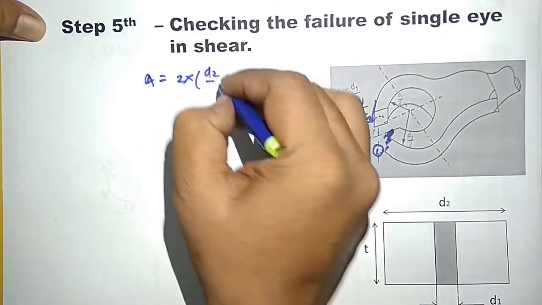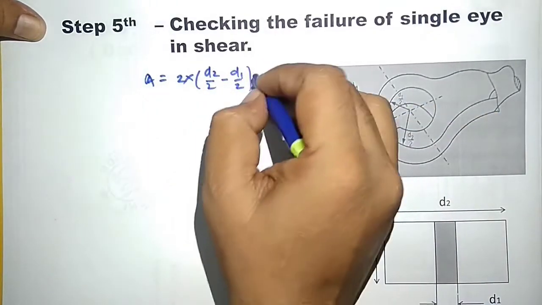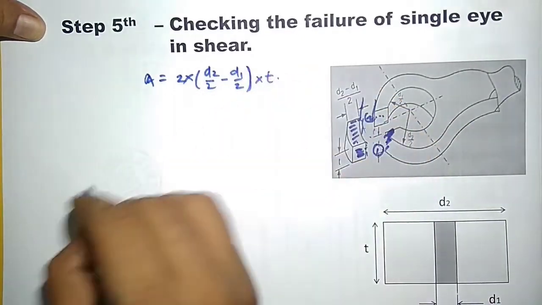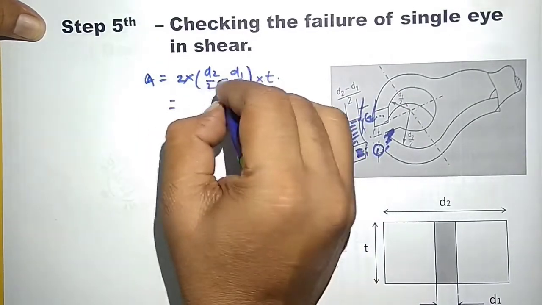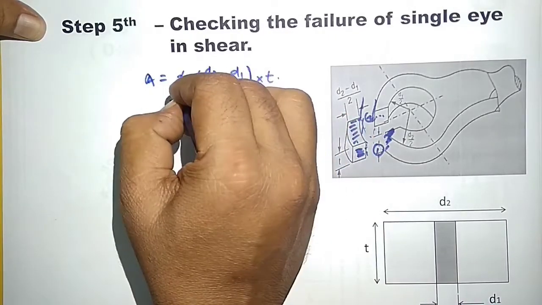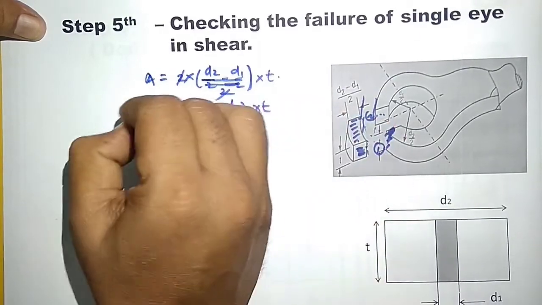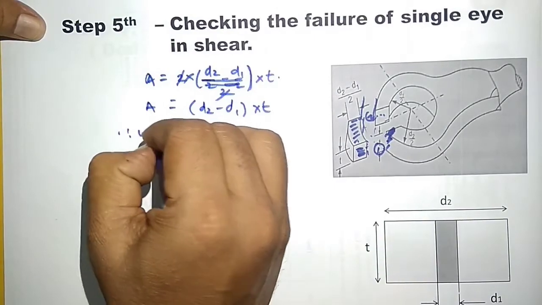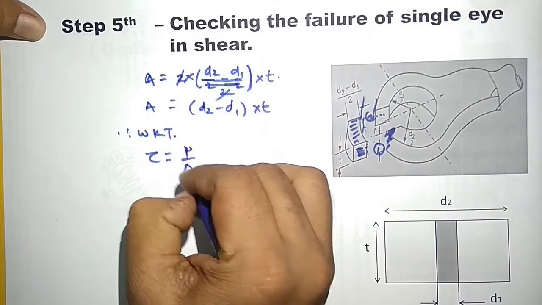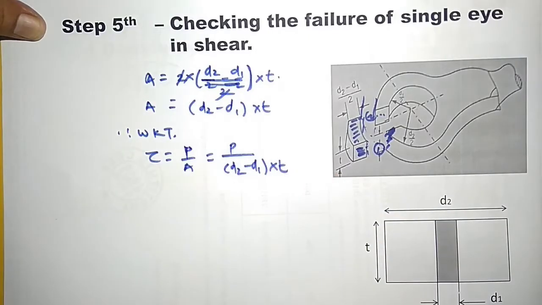2 into (d2 by 2 minus d1 by 2), because these are the distances, so subtract this distance from d2 by 2, into t. Taking 2 common, the 2 gets cancelled, so the area becomes (d2 minus d1) into t. We know that the shear stress tau is given by P upon area, P upon (d2 minus d1) into t.